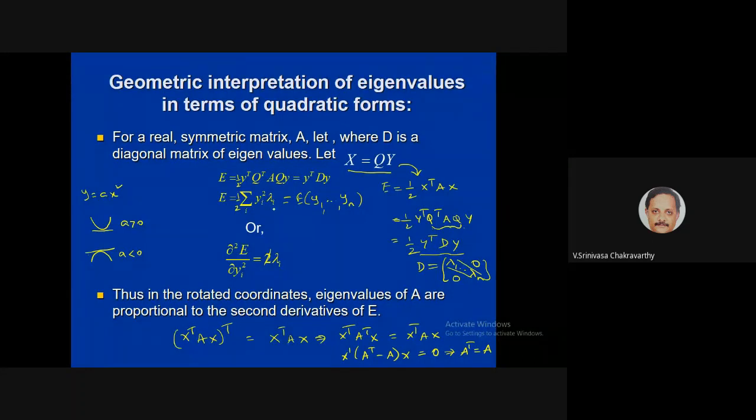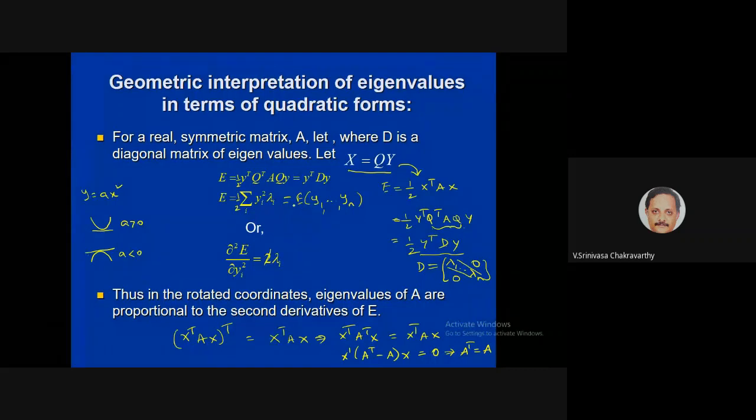You take each term, and that's just like y equal to ax square. If you look at the variation of the function with respect to these new variables, y1 to yn, that's very simple. If you take the ith variable yi, E simply increases or decreases depending upon the sign of the corresponding eigenvalue. If lambda is positive, with respect to yi, E increases, and it's always positive.